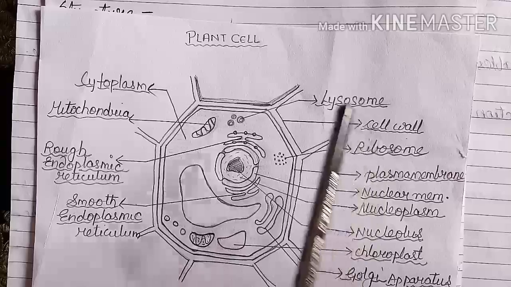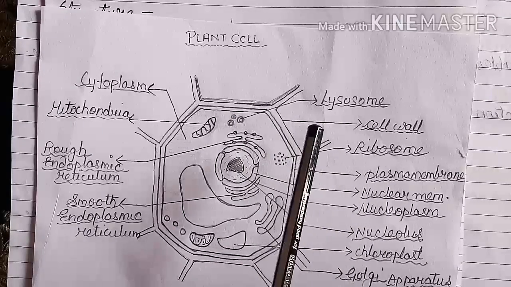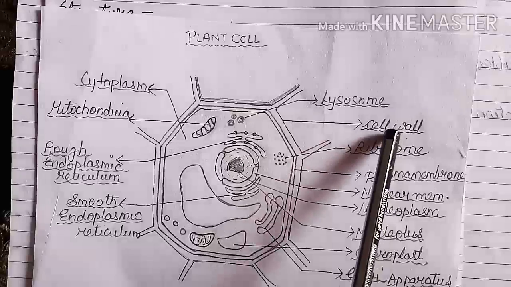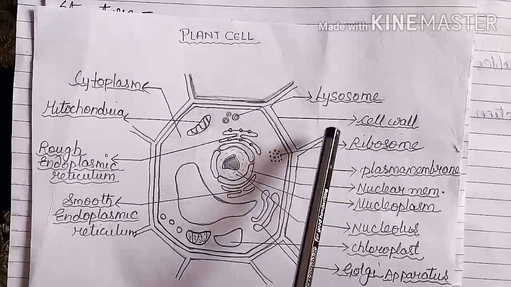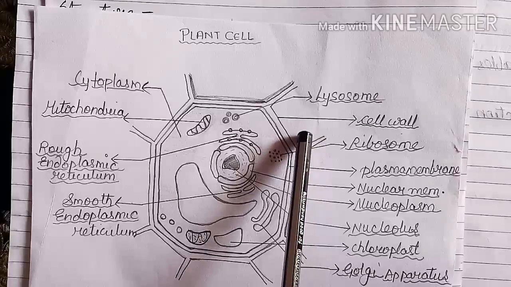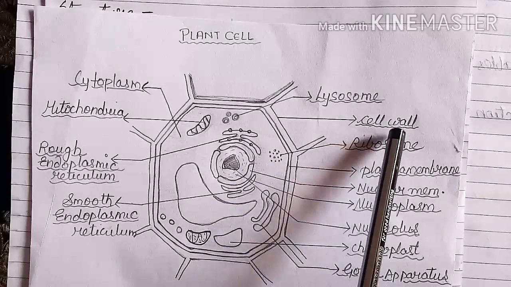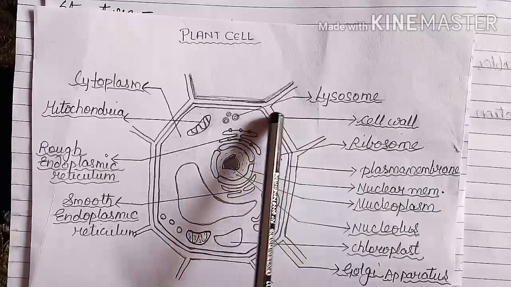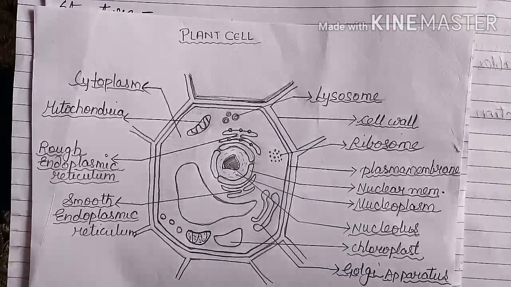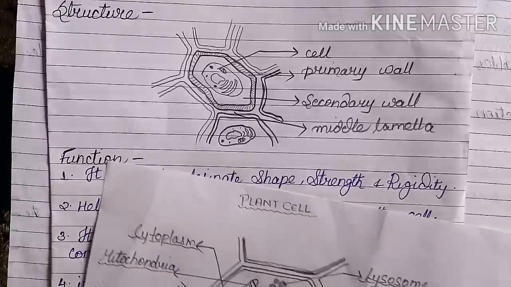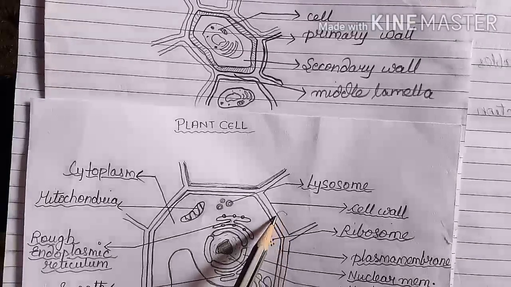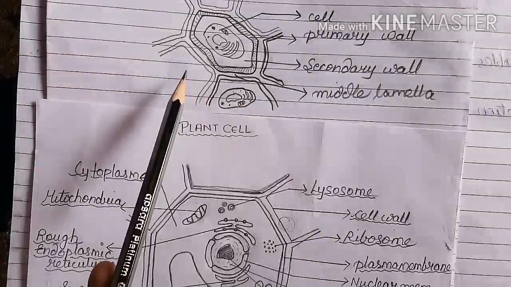It helps in the protection of plant cell. Now if you cut out this portion, you will get a structure like this.